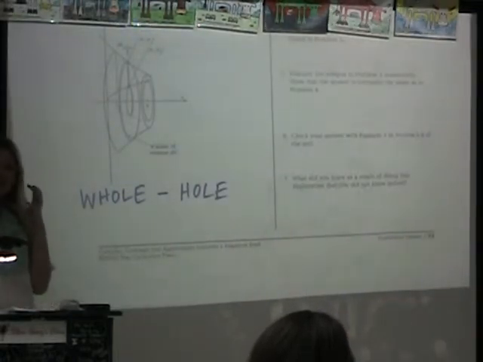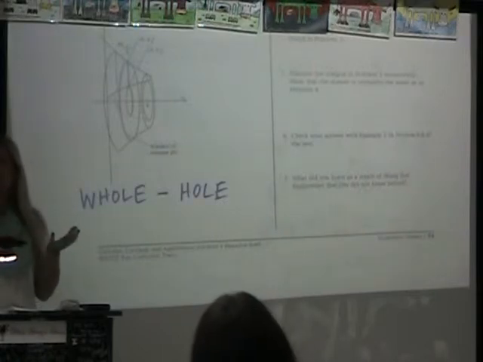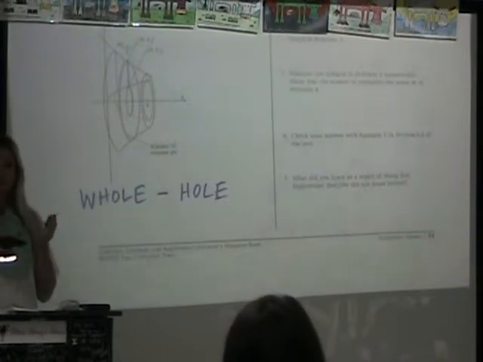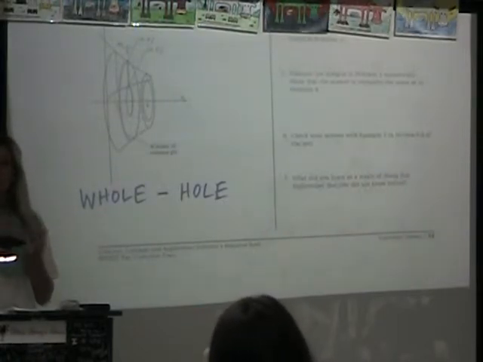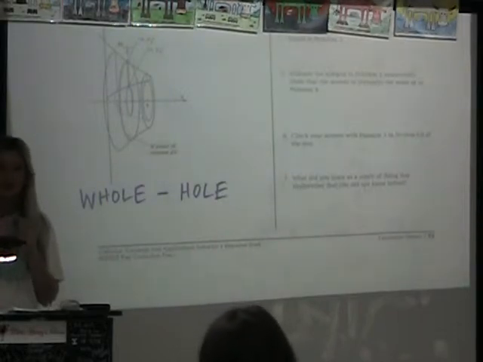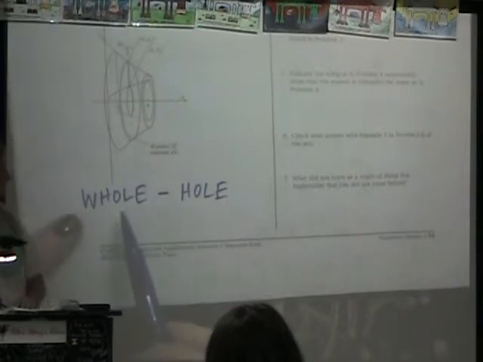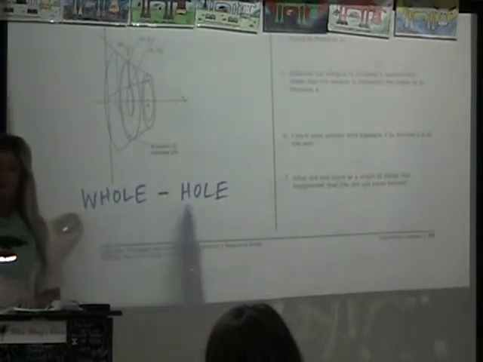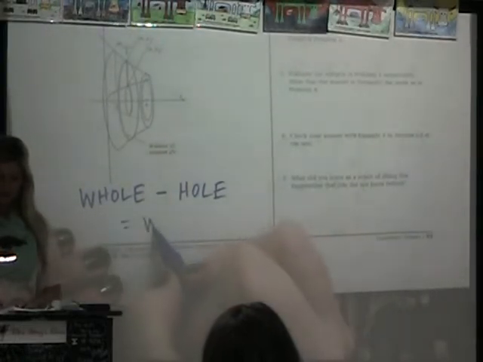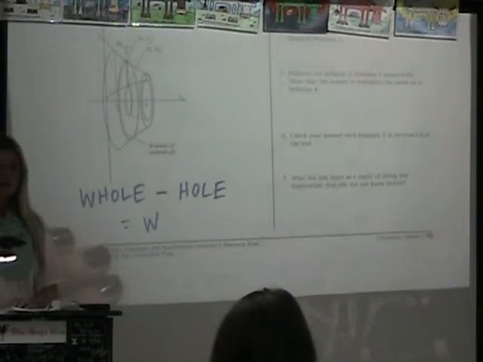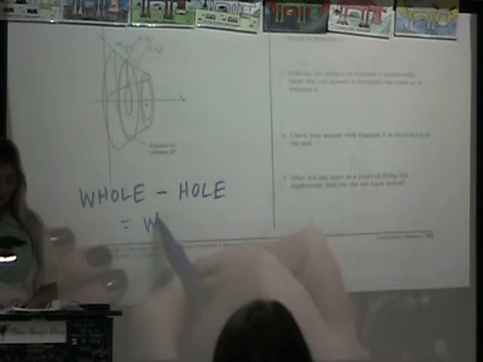So you're going to take the solid, the whole volume even, as if it were solid, but then you're going to subtract off the volume of the hole that is cut out. And so we normally say the whole minus the hole equals W, which is what you want. The whole minus the hole equals what you want.